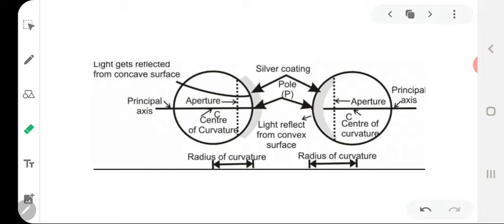Next we shall define principal axis. You can observe that the line joining pole P and center of curvature C of the mirror and extended on either side is called the principal axis of the mirror.